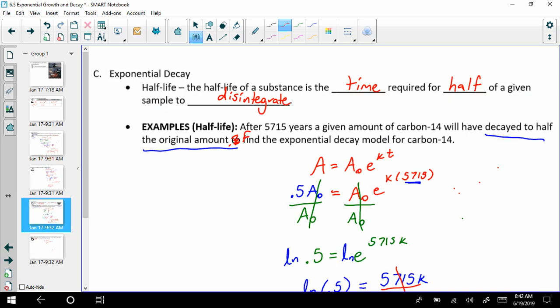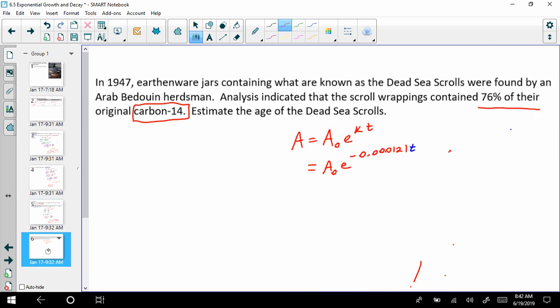I knew I had half of it left, so it's like I set it equal to 50% of the original, or 0.5 times the original. We're going to do the same thing here, except it's 76%. So as a decimal, that's 0.76 of the original amount.